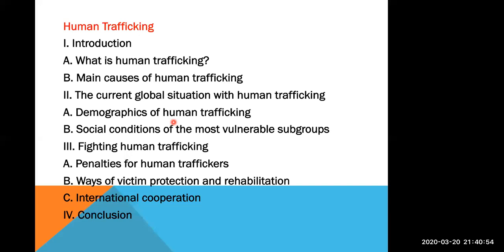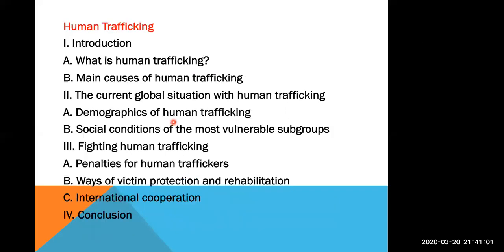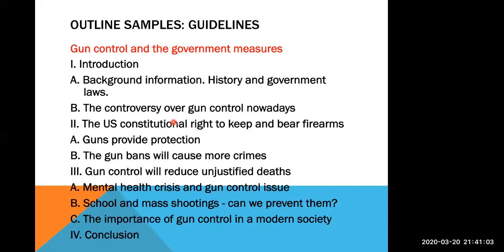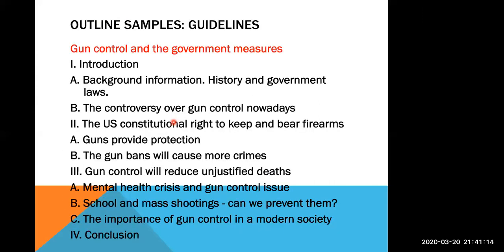So if you put this under a microscope, both the first one and the second one, you'll find that these are really very, very simple kinds of outlines. The outline follows either short phrases, noun phrases, or complete sentences, depending on the topic in question.